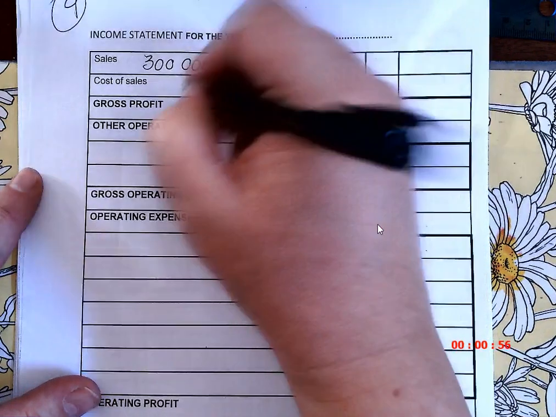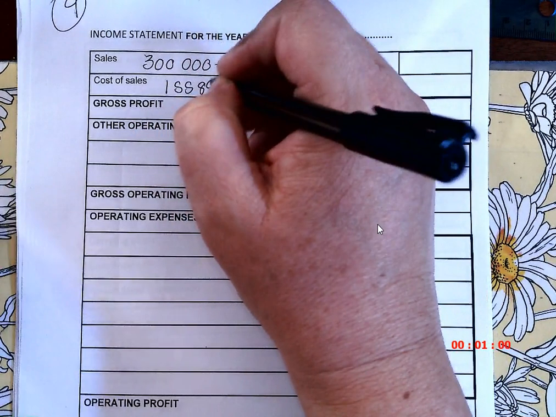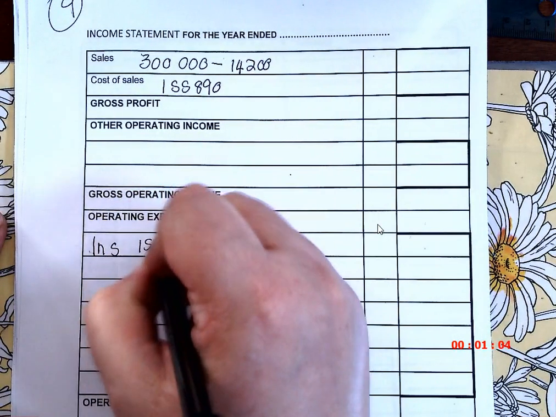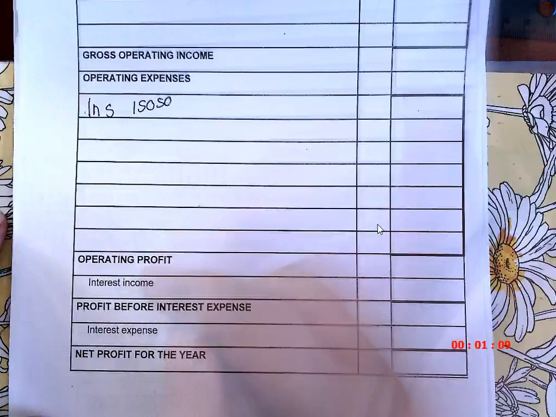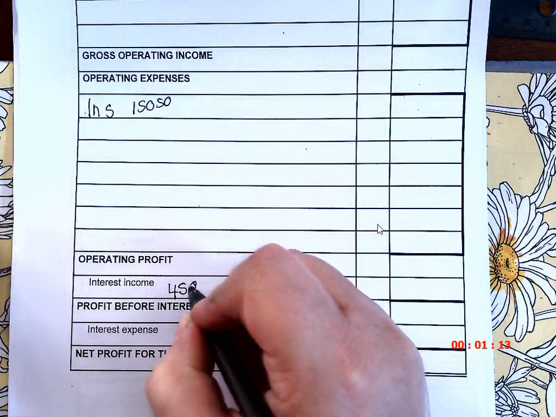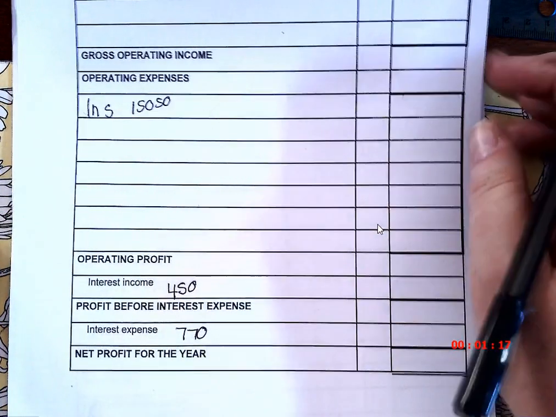Then cost of sales, and then insurance, interest on fixed deposit. I know that's the interest income. Interest on overdraft. I know that's the interest expense.